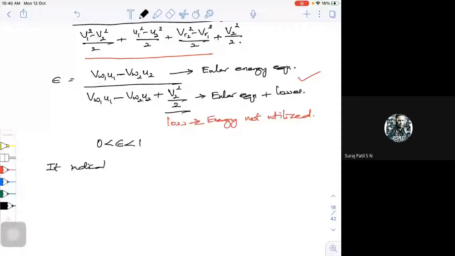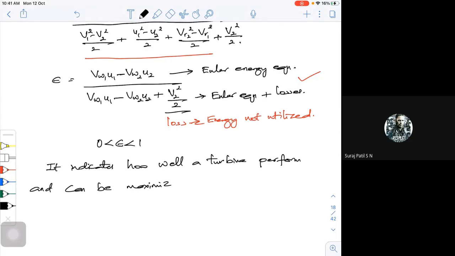It indicates how well a turbine performs or utilizes the energy. And if I want to see the purpose of it, epsilon can be maximized while designing the blades of the turbine.